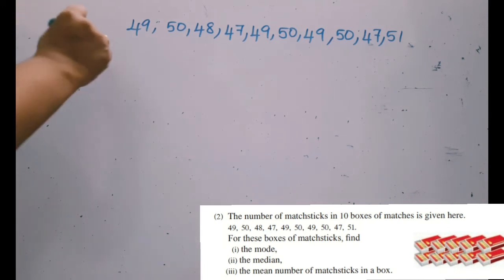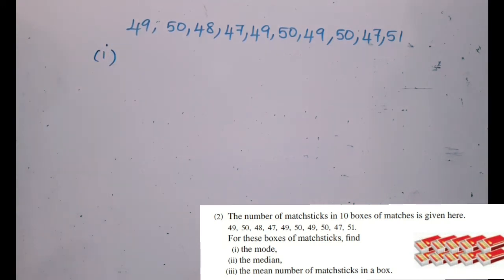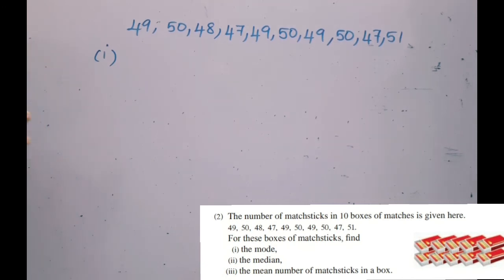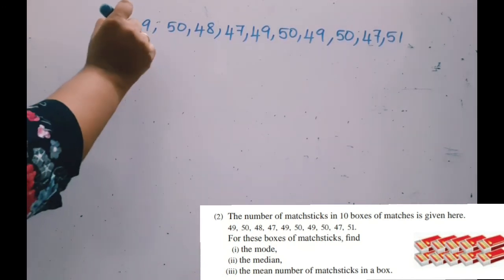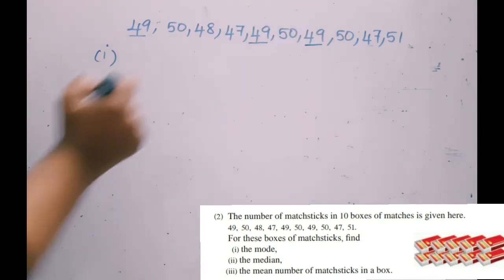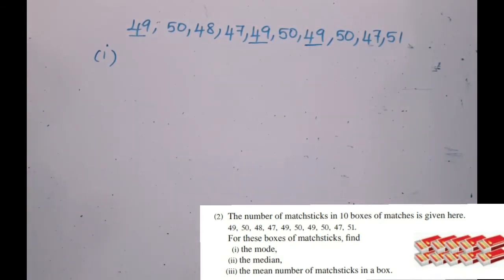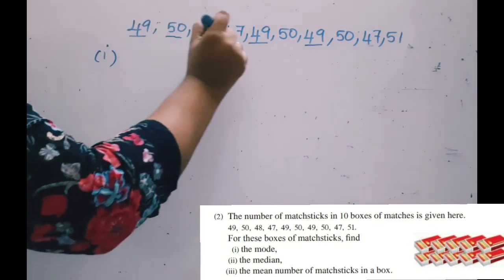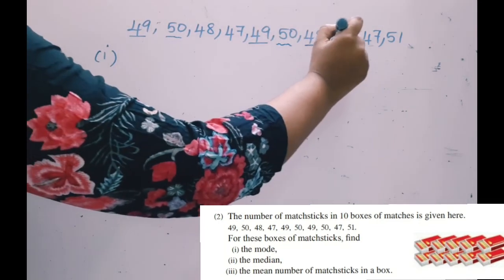So let's find the mode in this given data first. As I told you before, the mode is the number which occurs most often. Am I right? We do have two numbers as the mode values. Why is that? Here 49 has occurred 3 times in the data. And again number 50 is also there thrice.